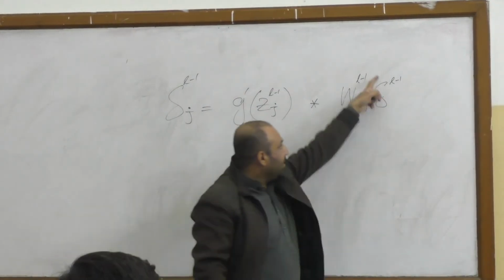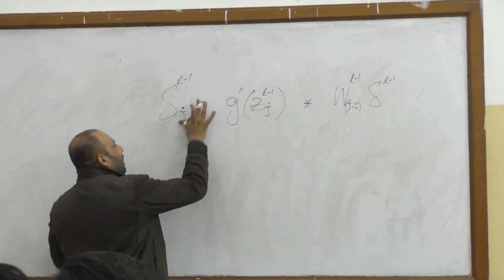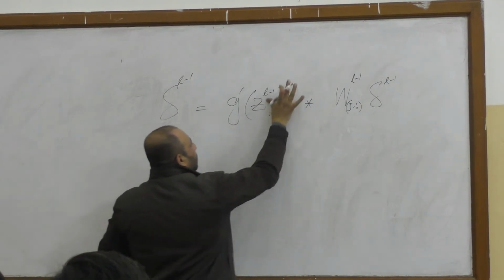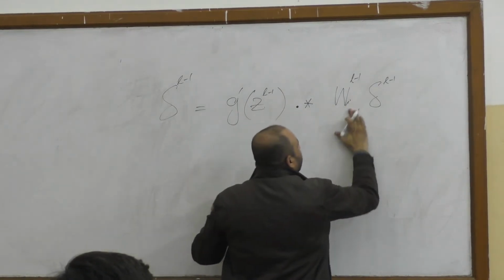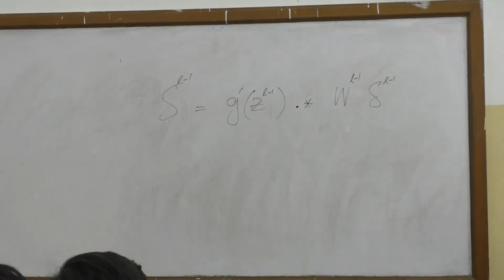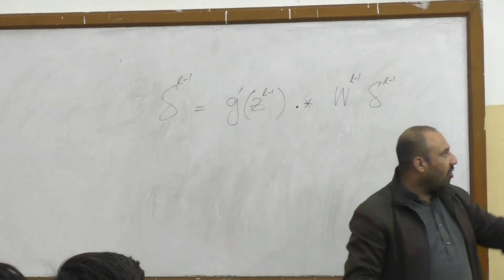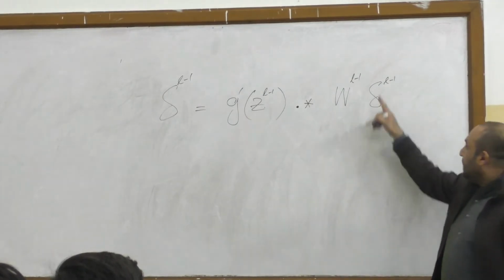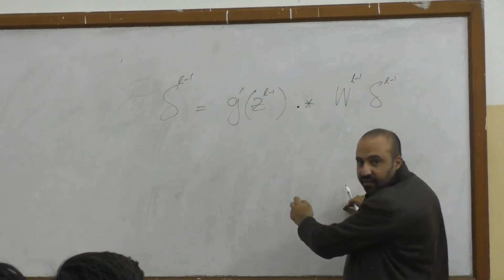Now this is a vector, this is a row. Let me make J out as well. This is the dot static, pointwise multiplication. This is the whole matrix. So this WL is the matrix of all these W's. This is a column vector. You multiply, and you end up with a column vector.